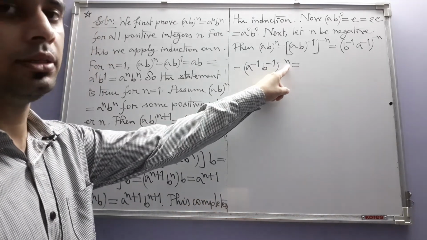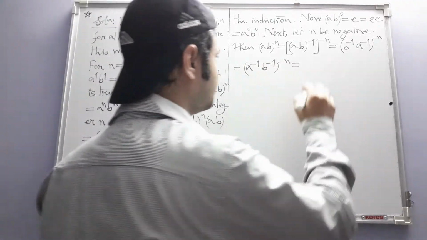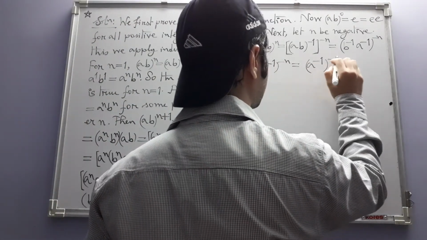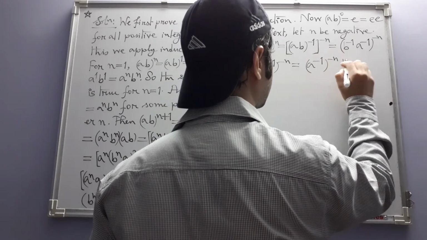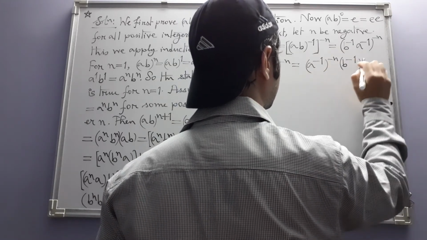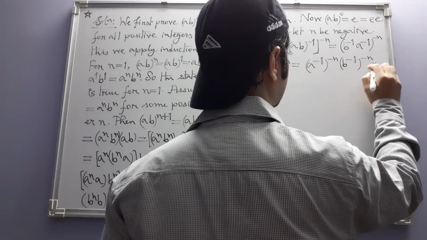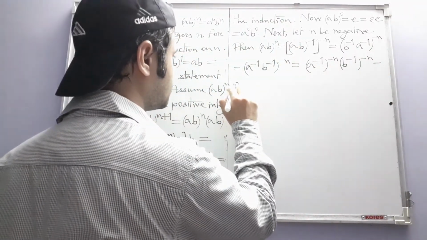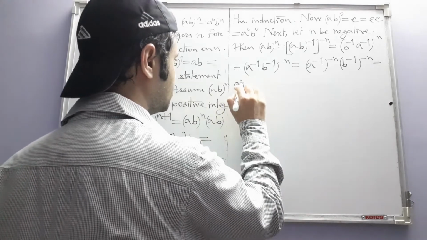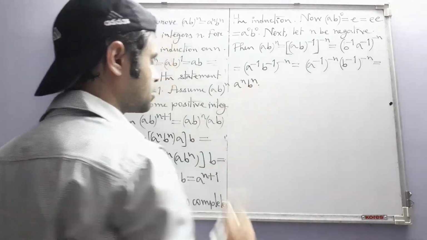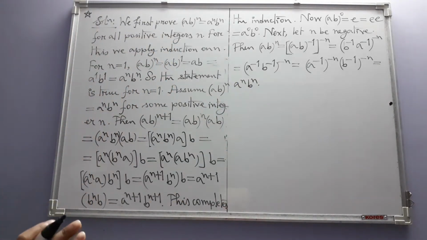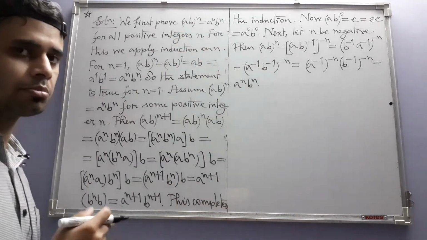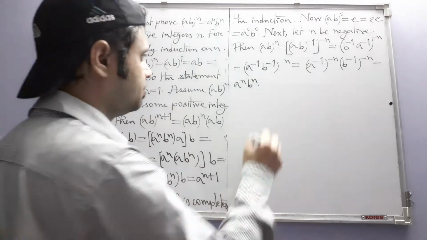Here minus n is positive, so it will be equal to this. And this again by definition of such powers is equal to this. So this proves our identity for all integers, positive, negative or 0.